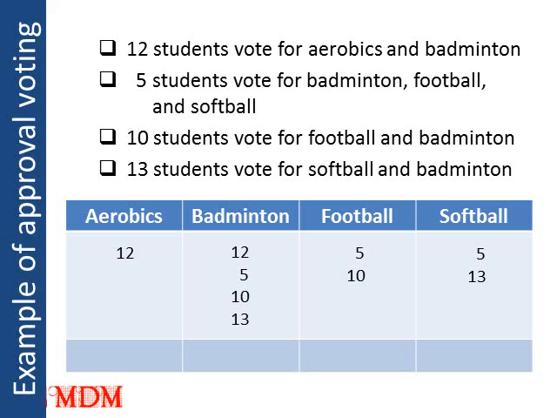It should be obvious at this point that badminton is going to be the choice. As we add up all of the votes, we can see that indeed, badminton has 40 votes, and so using the approval voting method, badminton would be the activity that we do next.